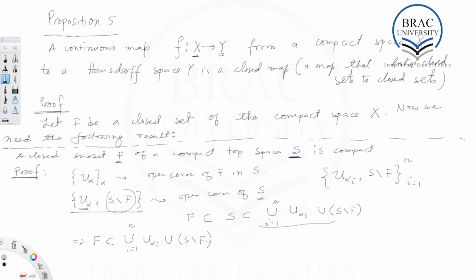Now important thing to note is that F is not contained here, right? Because this is S minus F. But F is contained in this union, so F must be here.